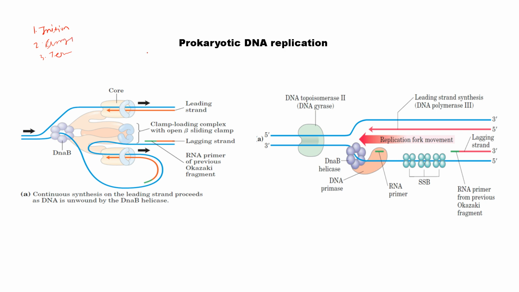But the replication begins at a single origin of replication, a single ori in prokaryotes, and for that reason it is called the oriC region. This region contains specific sequences recognized by the initiator protein such as DnaA, which binds and unwinds the DNA to initiate replication.